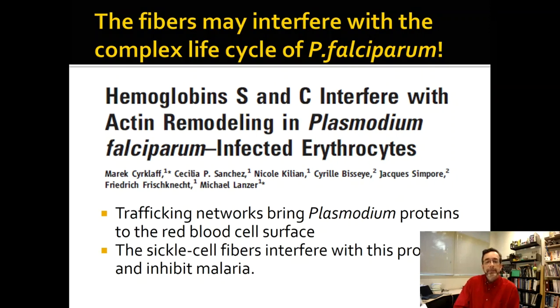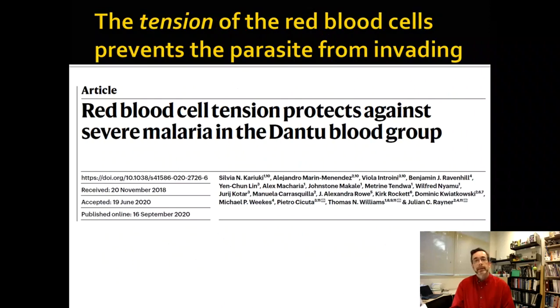The sickle cell fibers interfere with this process, and there are trafficking networks in the cell that bring the proteins to the surface. You've got to move through the cell. So maybe this is preventing the malaria parasite proteins from moving through the cell. You're impeding them, putting a roadblock in their way.